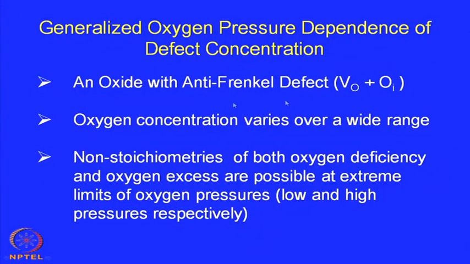One is oxygen vacancy and the other is oxygen interstitial. This is oxygen vacancy and this is oxygen interstitial. That is why it is called anti-Frenkel defect, if you remember from our original definition. Whenever there is a presence of oxygen vacancy and oxygen interstitial, we call it anti-Frenkel defect.